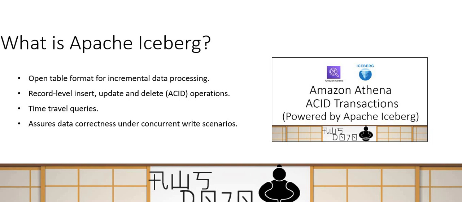You can use that tutorial to learn about implementing Apache Iceberg table on the AWS platform. If you don't know how to create an Iceberg table in AWS, then I would recommend that you see this video first and then come to this tutorial. But if you already know how to create an Apache Iceberg table in AWS, then you are good to go and you can continue with the tutorial. So let's move forward.